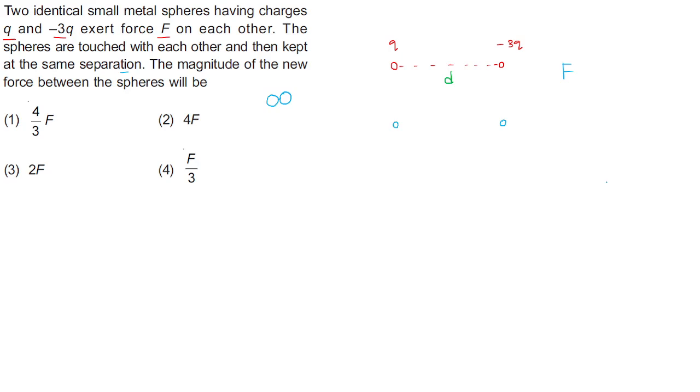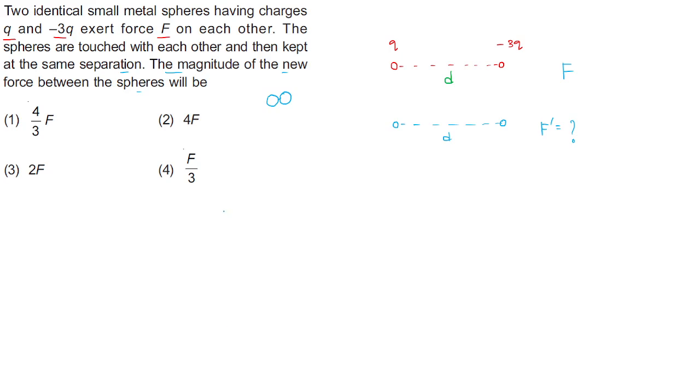The next question is, the magnitude of the new force between the spheres will be. The spheres are again kept at a distance d, and the question is, what is the new force they exert on each other?